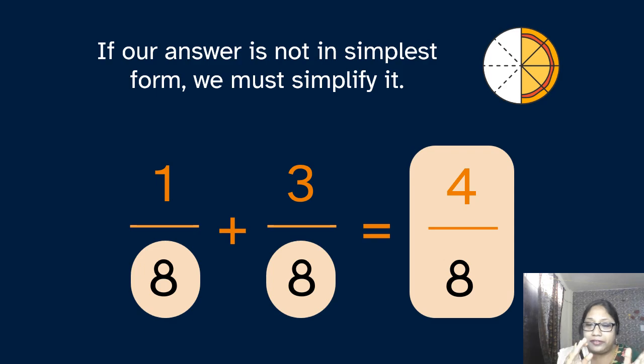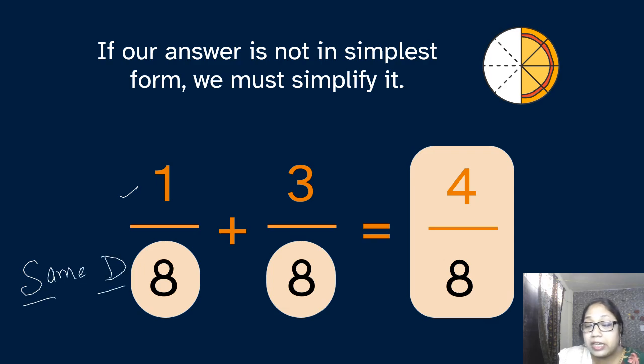Sometimes after adding the fractions, we get a sum which can be reduced further, जिसको हम और ज़्यादा simplify कर सकते हैं to get the final answer. So let's see how. The fractions 1 upon 8 and 3 upon 8 are again like fractions because they have the same denominator.